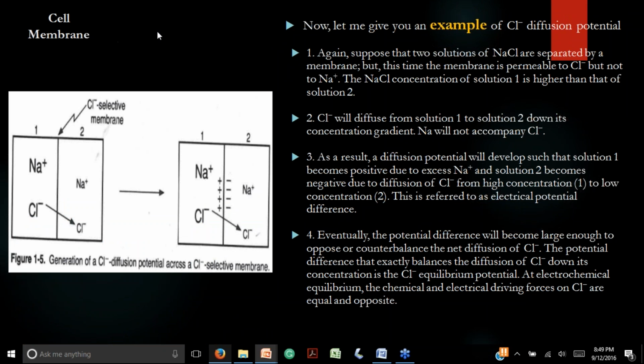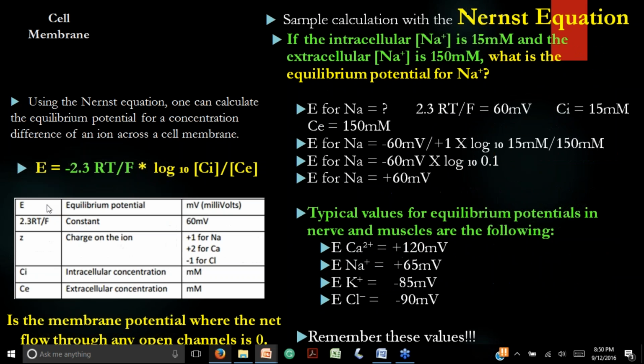This calculation tells us, for example, about sodium and chloride here. The membrane is selectively permeable only to chloride, so chloride is going to pass to the other side. For how long? Until it reaches the resting potential. That means there is no need anymore for chloride to come in or go out.